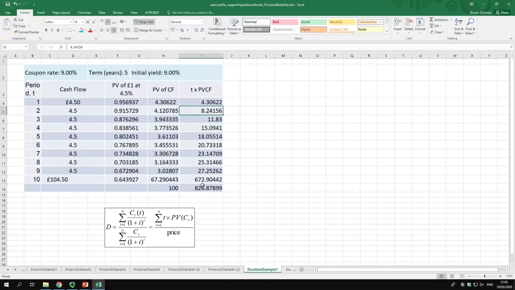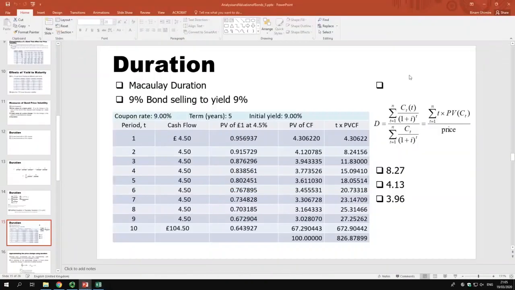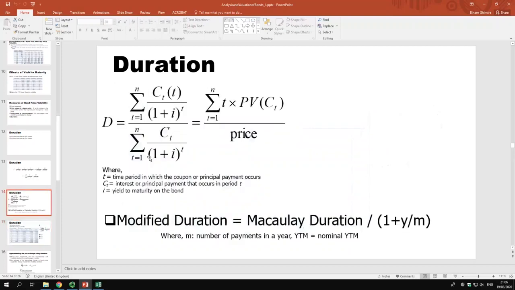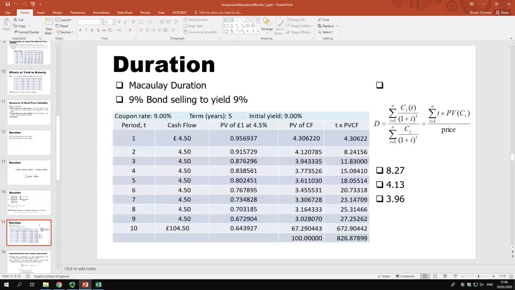Now this 826.87 on the numerator divided by the price, which is 100, gives you the answer, which is 8.27. So this 8.27 which you calculate is basically the duration measure, which is this D, 8.27.